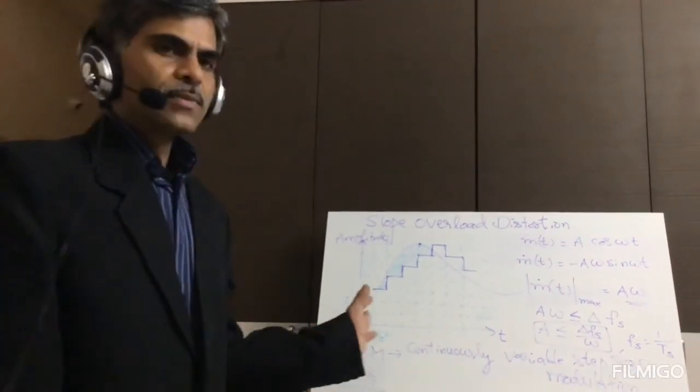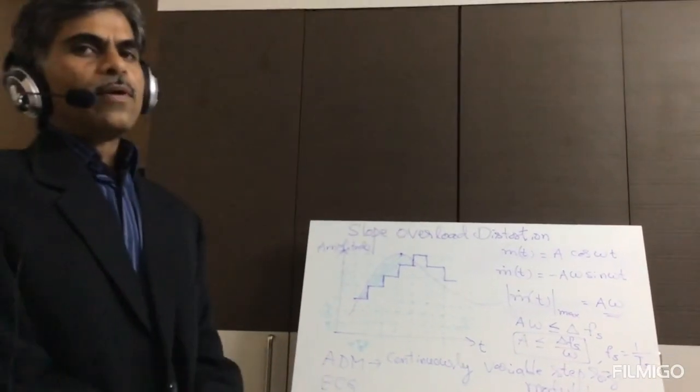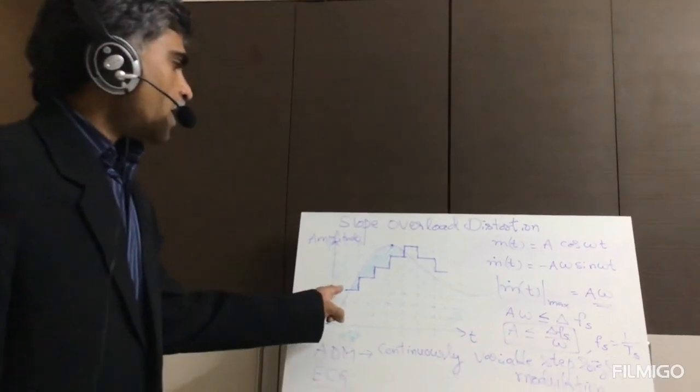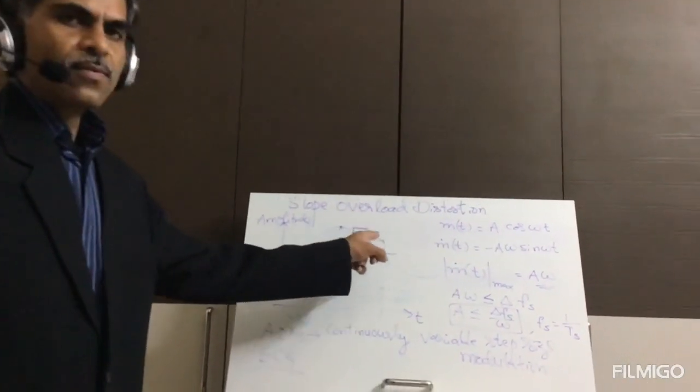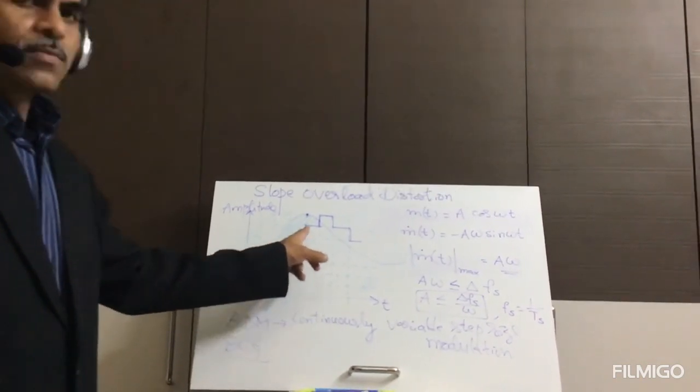And with two summers we can easily implement that. Then what should be the output of the delta modulator? The output of the delta modulator is approximated to be like this. How do you name this? It is called the staircase approximated signal.